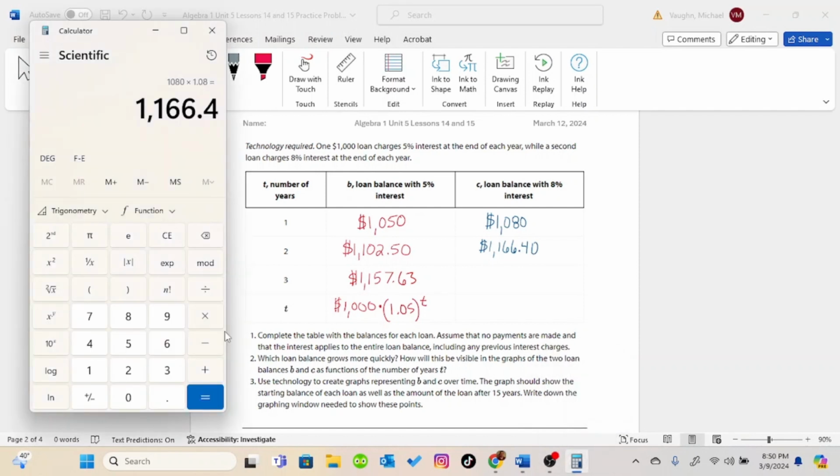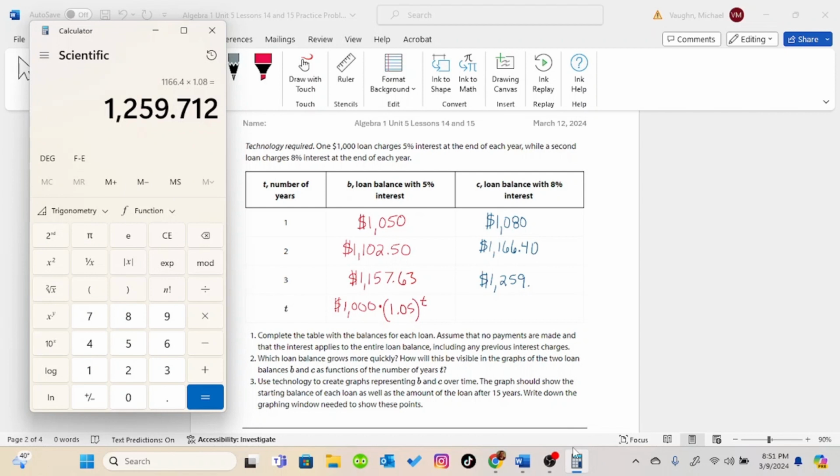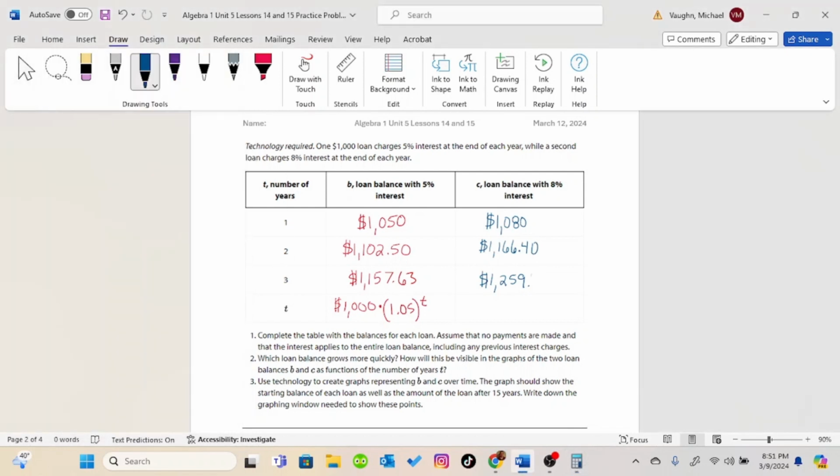So now we're going to multiply it one more time times 1.08, and we'll round this to $1,259.71.